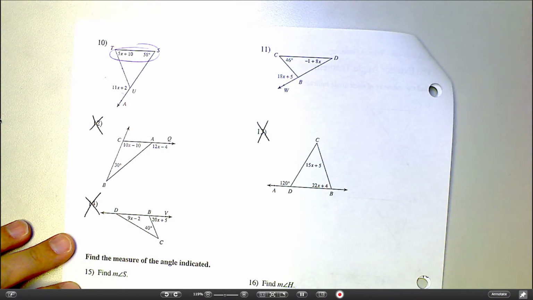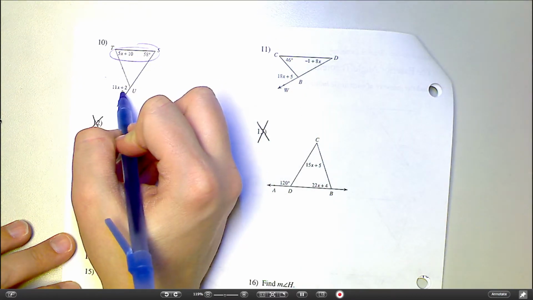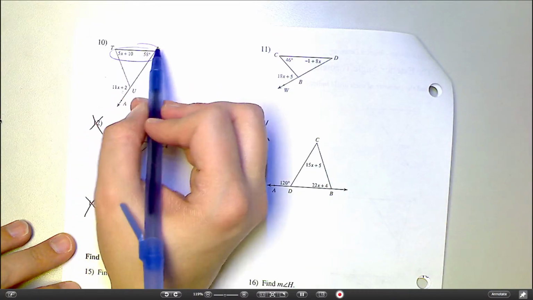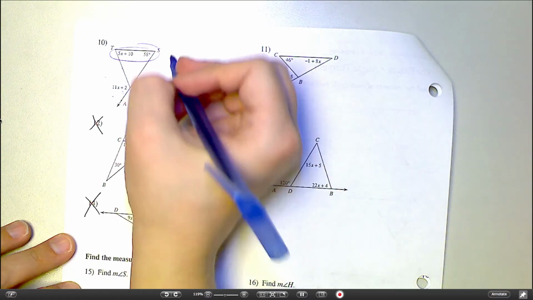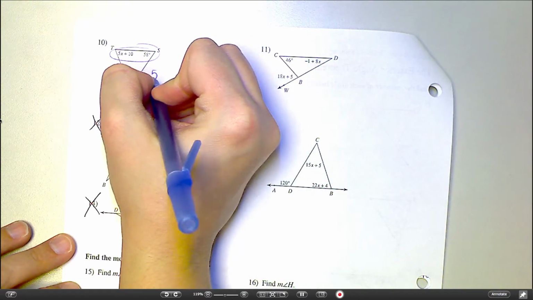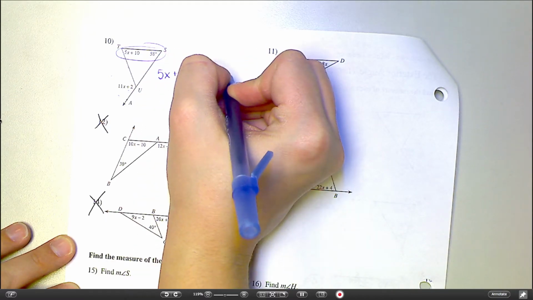When I have two interior angles, what do I do with them to get the exterior angle? You add them. This plus this has to equal that. That's what we were just talking about with the exterior angles. This plus this always has to equal the outside angle. So that's exactly what I'm going to say. I'm going to say 5x plus 10 plus 58 has to equal 11x plus 2.